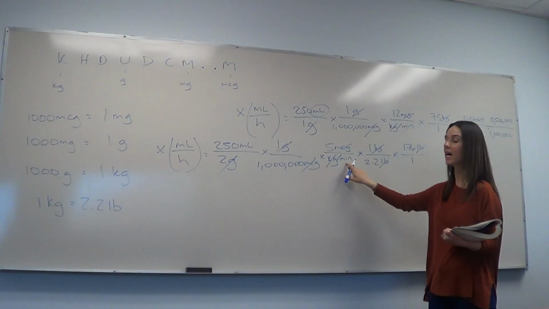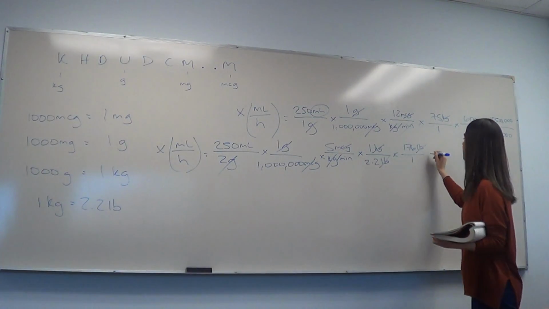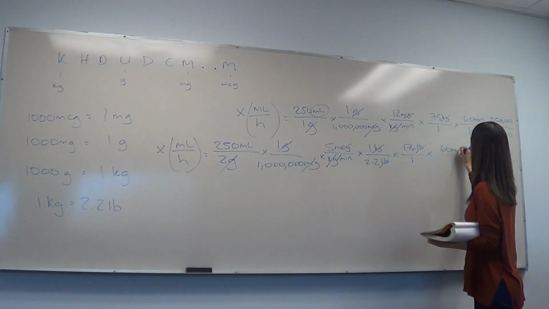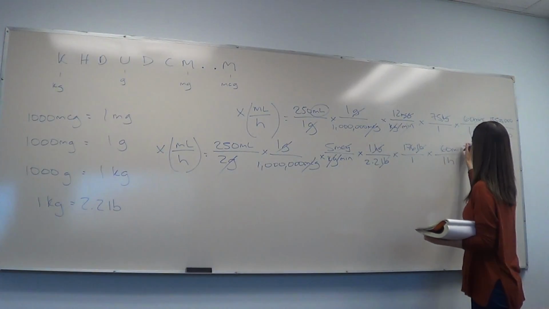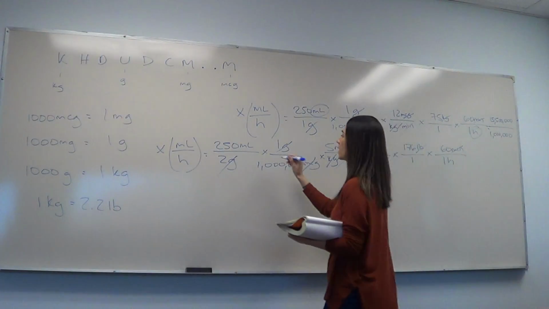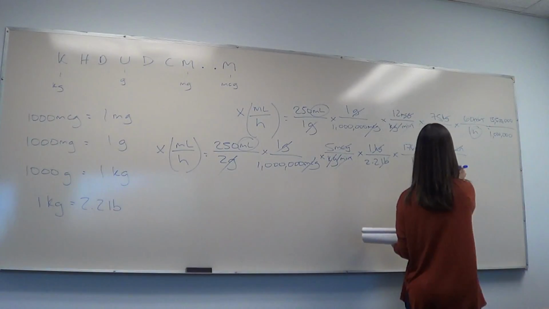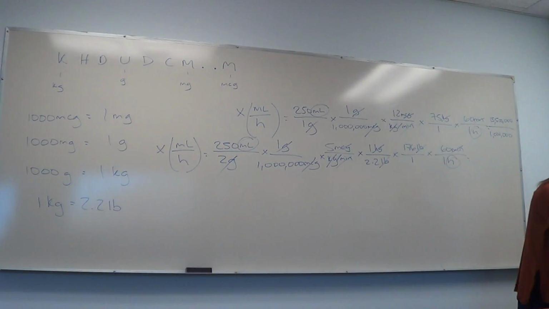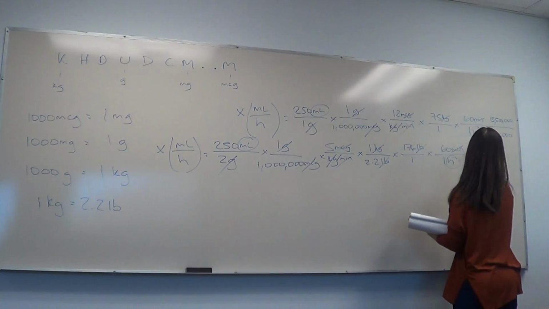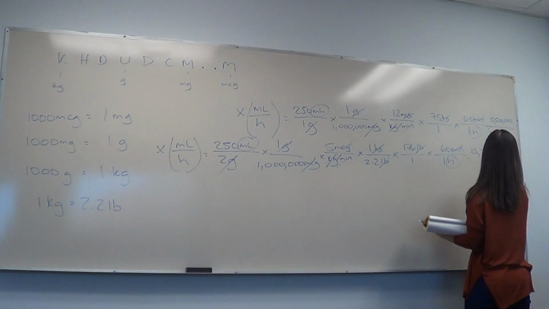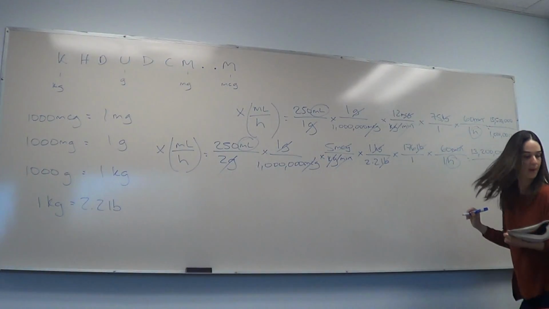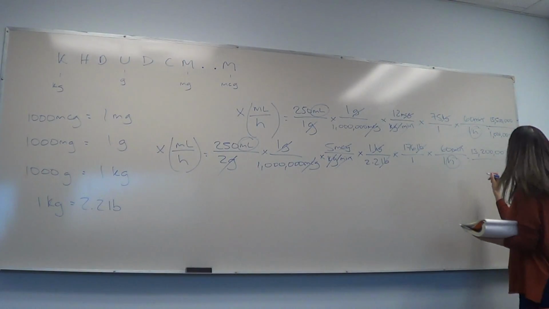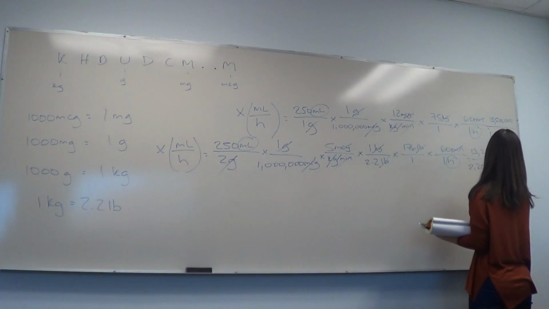Now the last thing we got to get rid of is our minutes. And we understand that 60 minutes is always equal to 1 hour. Minutes crosses out. We are left with our mLs per hour. And when we multiply everything across the top, you should have gotten 13,200,000 divided by 2,200,000.